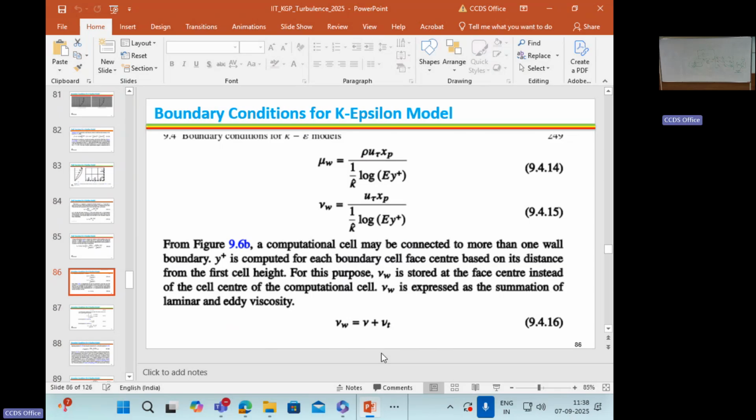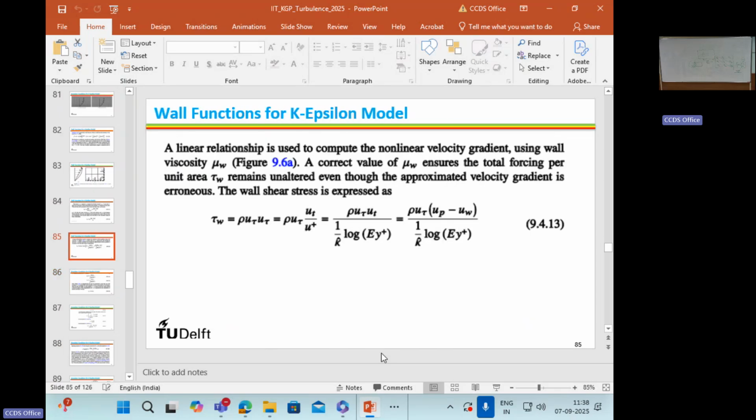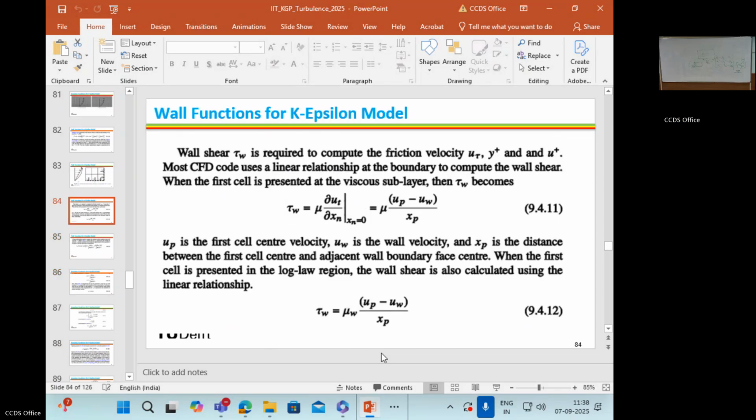Then what will I do? In case my first cell center is not within the viscous sublayer, the idea is to evaluate this term. This term is unknown, right? The eddy viscosity you don't know at the center. You know the mean velocity.